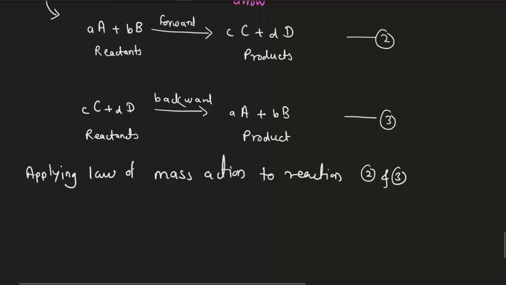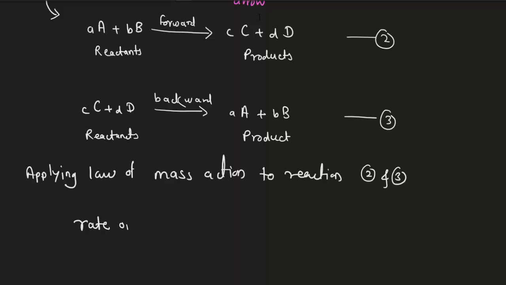The law of mass action says that at a given temperature the rate of reaction is directly proportional to the product of the molar concentrations of the reactants raised to a suitable power. So we can write the mathematical representation.